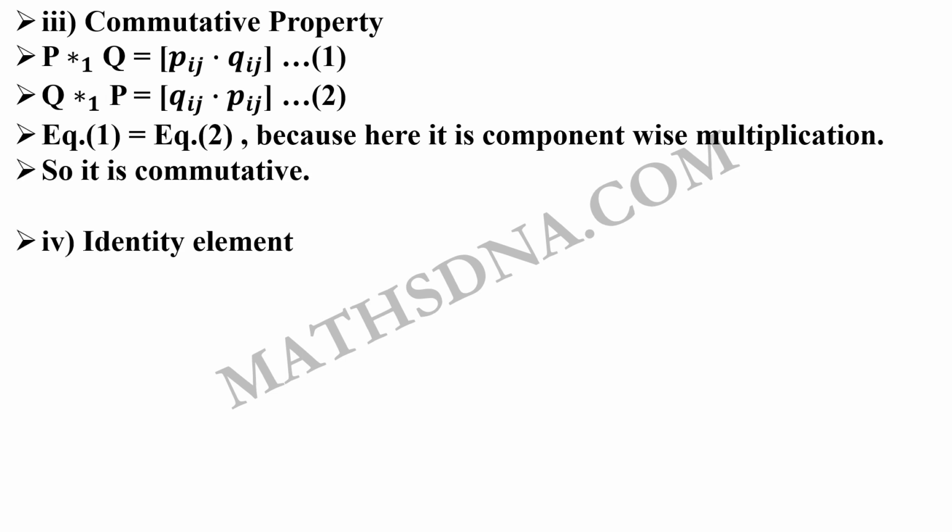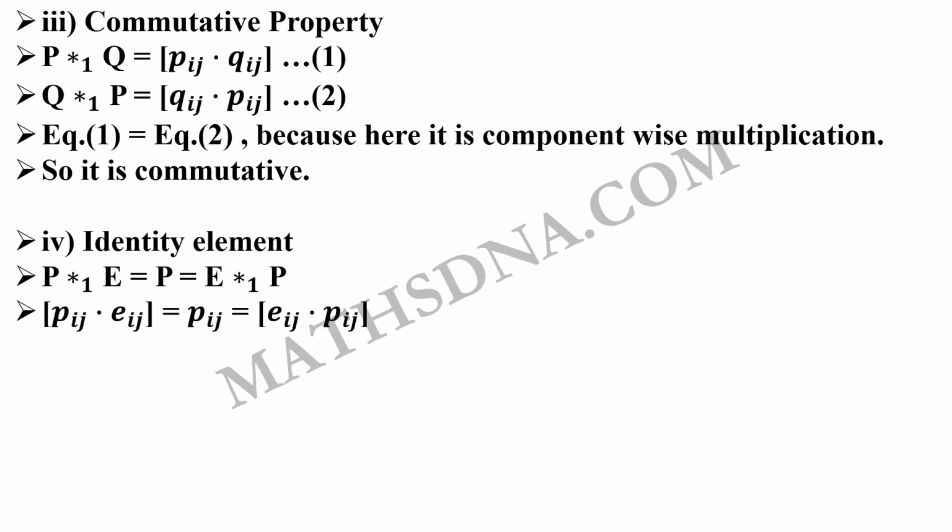And the last one, identity element. We all know what an identity element is: if P star 1 E is equal to P and E star 1 P is also equal to P, then multiplying that element with any element of the set leaves the other element unchanged. So here it will be Pij dot Eij is equal to Pij.